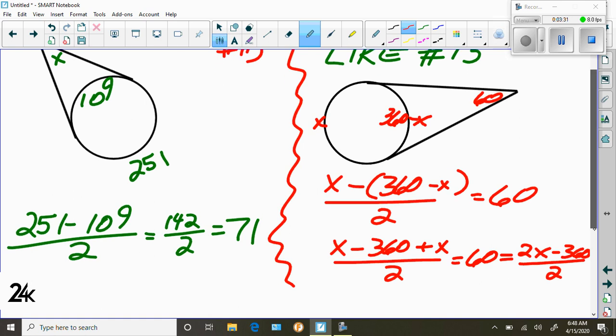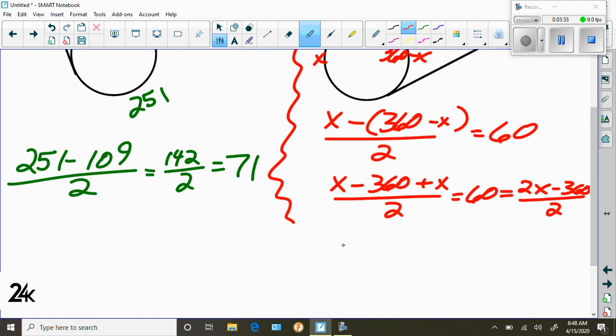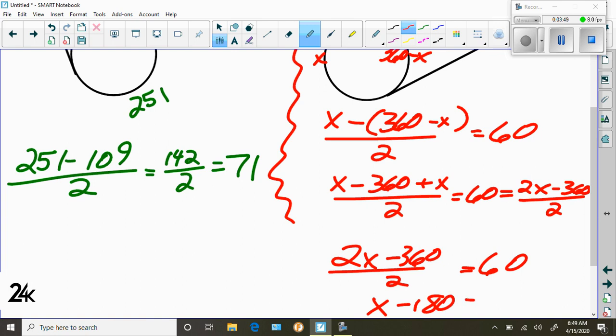Huh. Well, let's keep going. So here, let me write this. It's really 2x minus 360 divided by 2 equals 60. Now there's two things you could do here, but I'm going to divide both of these by 2. So it's going to be x minus 180 equals 60.